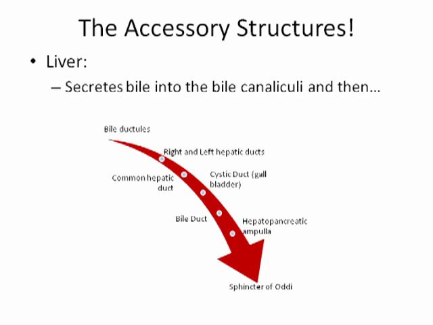From there, it travels into the bile ductules, into the right and left hepatic ducts, down into the common hepatic duct, and the cystic duct. That cystic duct is where the gallbladder meets the bile being released from the liver and it gets sucked back up into the gallbladder. We'll talk about why that is in a couple minutes.